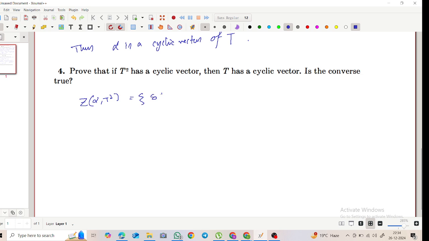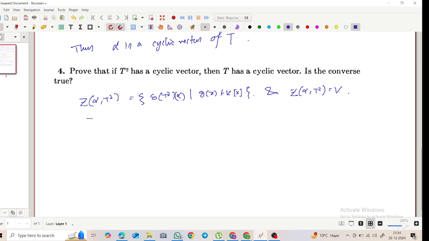Like g(T square) alpha, all those polynomials in T such that g(x) belongs to K[x], right? Okay. And we have that Z(alpha; T square) is V. Okay.